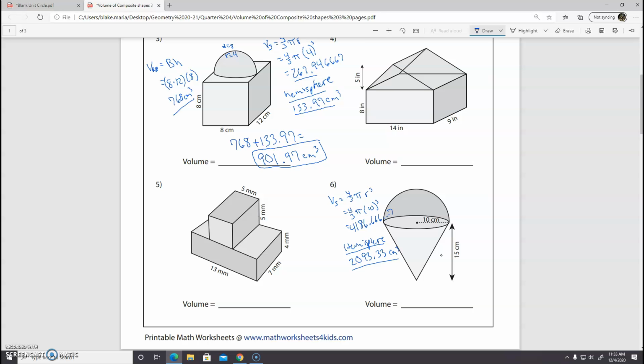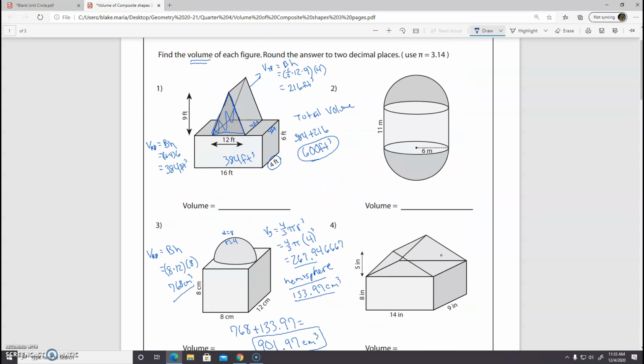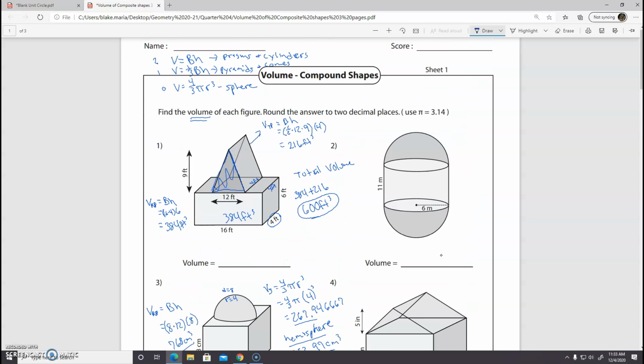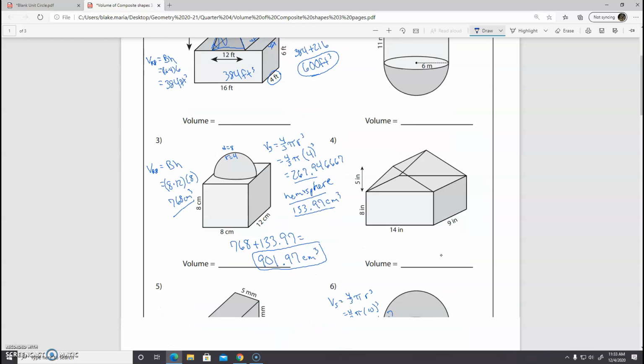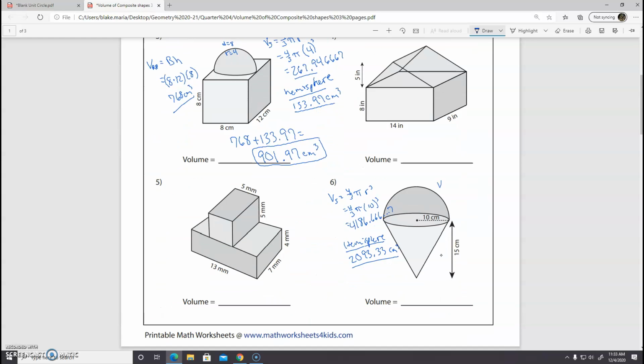Remember, a cone has 1 base. The cone has 1 base, so we're here, 1/3 area of the base times the height. So volume of the cone is 1/3 area of the base times the height. Now, in a cone, remember your base is a circle.